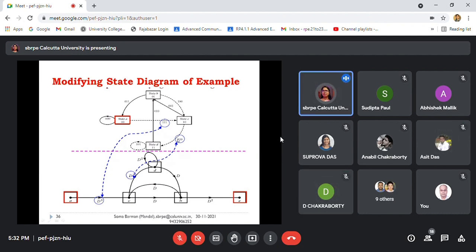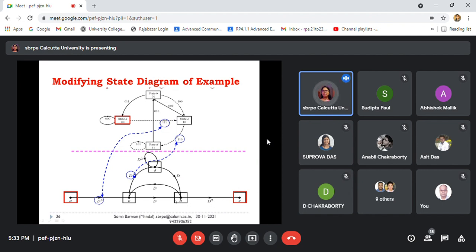Now from B, if I choose this path, A to C, C to B, B to A, this is the final. So for B to A, the branch word is 0, 1, 1. Hamming weight is 2, two non-zeros, so the branch gain is d to the power 2, or d square.